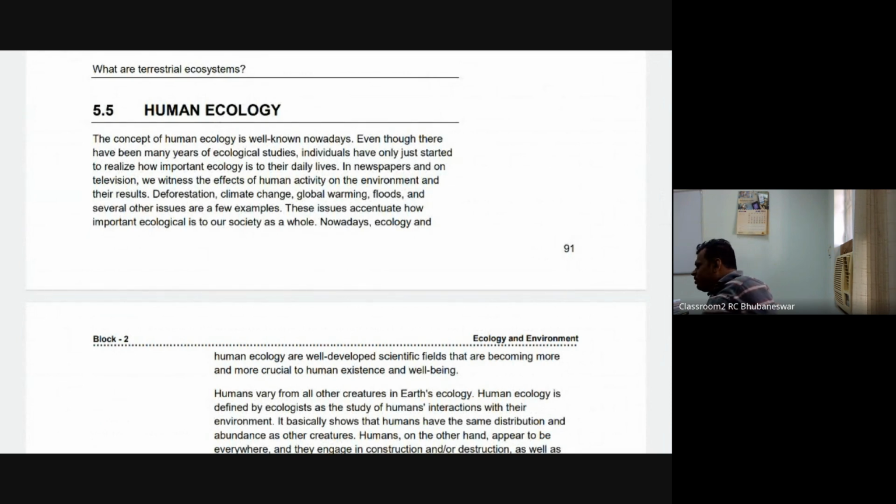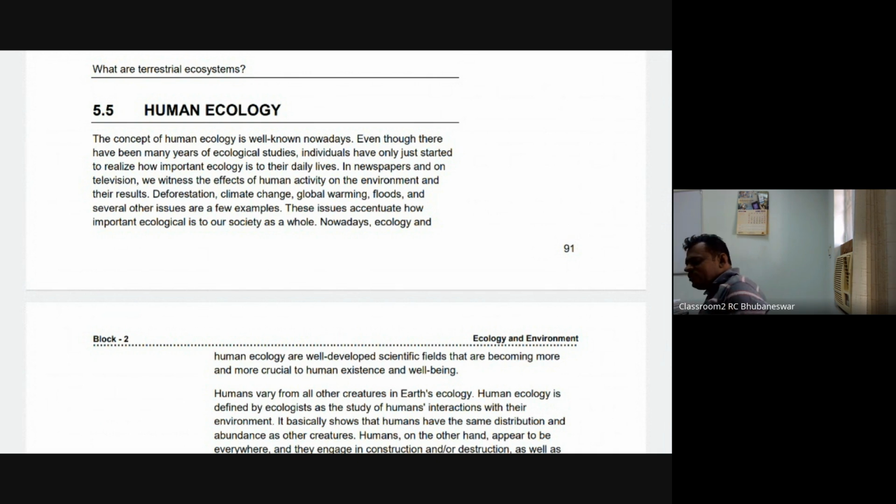Human ecology. We have understood the concept of ecology, and humans play a major, very critical role in studying ecology. This concept of human ecology focuses mostly on the human part.